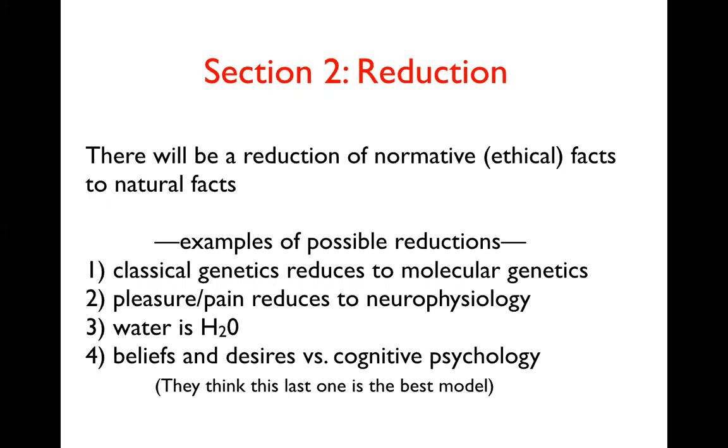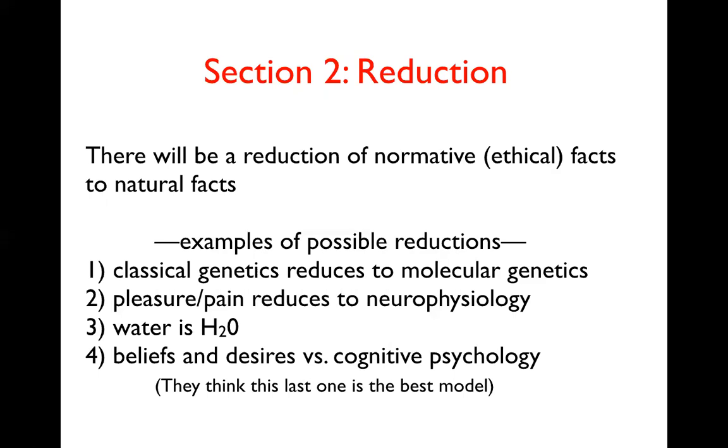Beliefs and desires, you might have what's called folk psychology. They'll mention this in a moment. What's really going on is at the deeper level. There's a kind of cognitive psychology going on. And actually, they think that last one is the best model. They don't think morality is going to be reduced in this kind of water-is-H2O way. They think there's not, like, oh, this is what a belief is, let me tell you the exact neural structure.